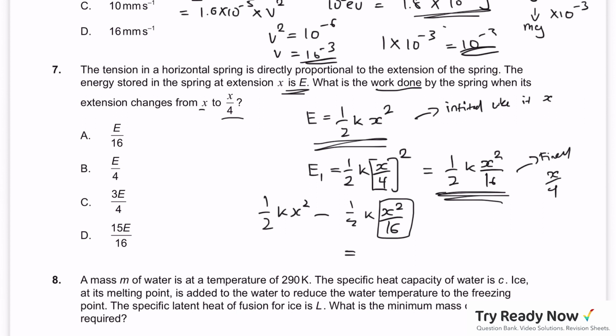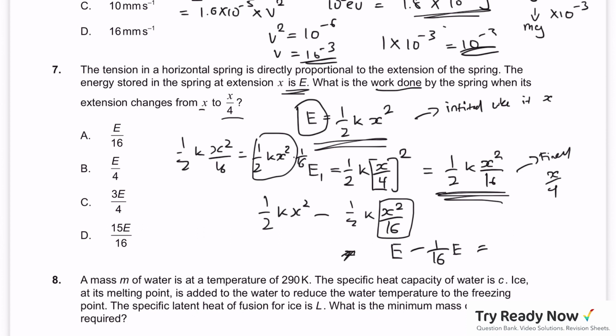So we can re-express this entire expression in terms of E. It's basically E minus 1 over 16 E. Now we can do this because half kx squared over 16 is equivalent to half kx squared times 1 over 16, and this component here is equal to E. Hence we get our answer of 15 divided by 16 times E, which is option D.